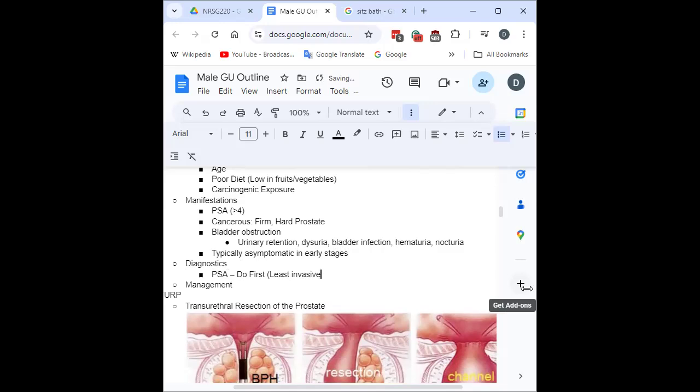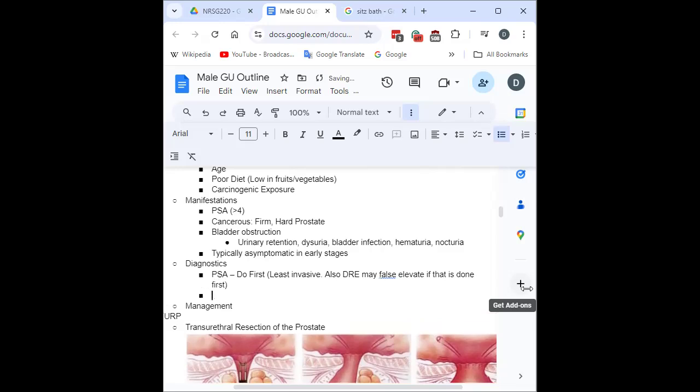It's least invasive, and if you were to do a digital rectal exam first, it might stimulate the prostate and cause it to release more. It can falsely elevate your PSA. That's the reason why. And then your digital rectal exam.